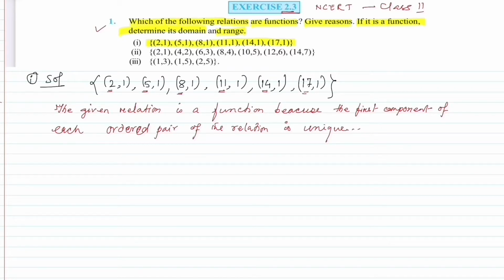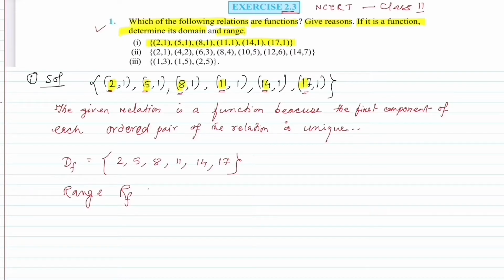So what will be the domain of this function? So what is domain? The set of first components of the ordered pairs. So 2, 5, 8, 11, 14, 17. Okay, so the domain must be 2, 5, 8, 11, 14, 17. This set is the domain. And what is the range?